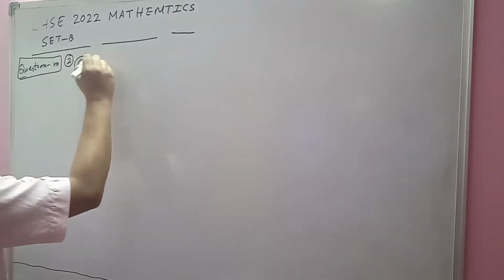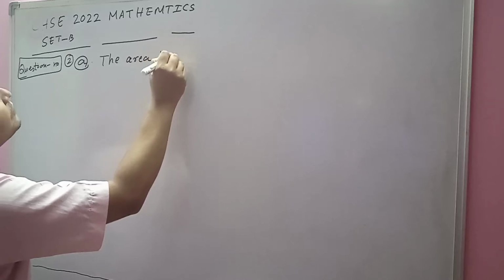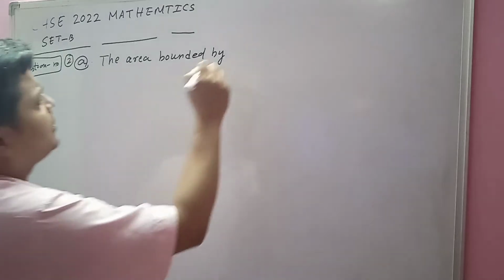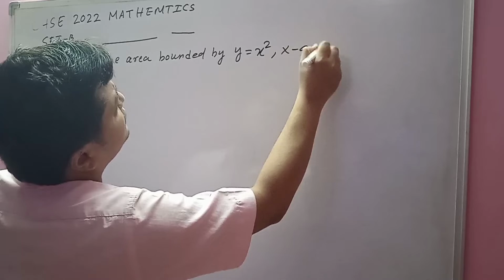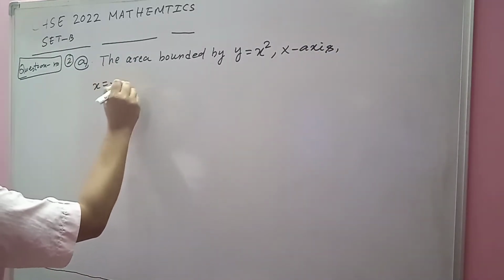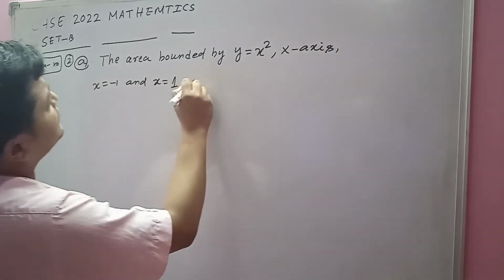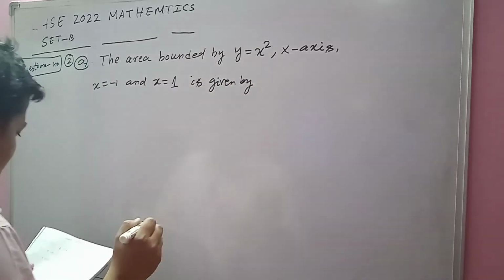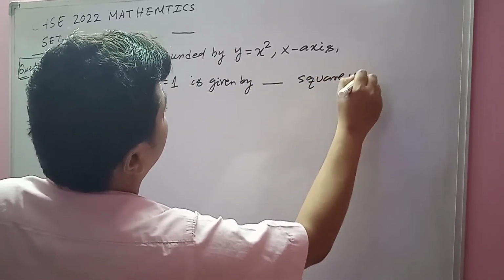First, exercise 2a: the area bounded by y equal to x square, x axis, x equal to -1 and x equal to 1 is given by dash square units.